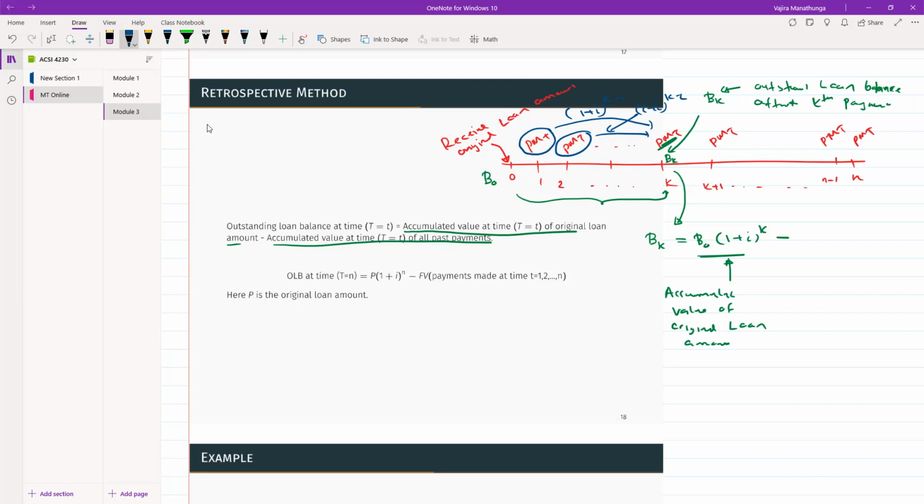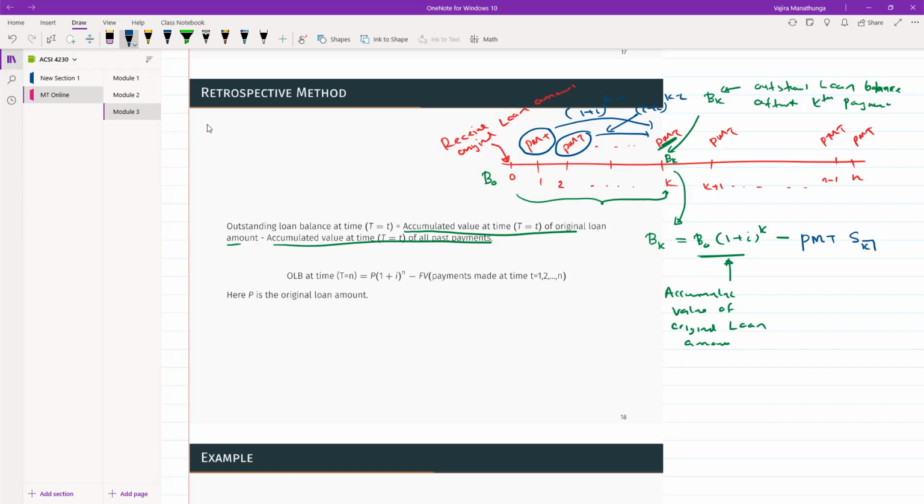It's basically an annuity immediate, so you can write payment times s sub k. So this would be the retrospective method way to find the remaining outstanding loan balance.